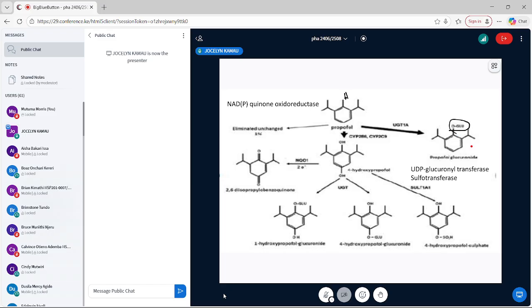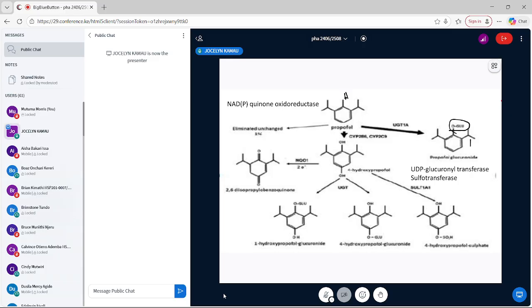Although you do have the isopropyl groups there that can introduce a bit of steric hindrance, nevertheless glucuronide conjugation of that compound can happen. And once the glucuronide conjugation happens, to give us the propofol glucuronide, for sure you know the propofol glucuronide is highly water soluble and removed from the body.